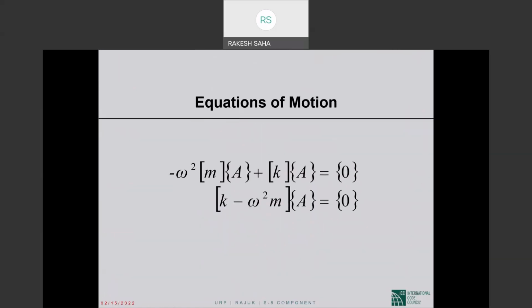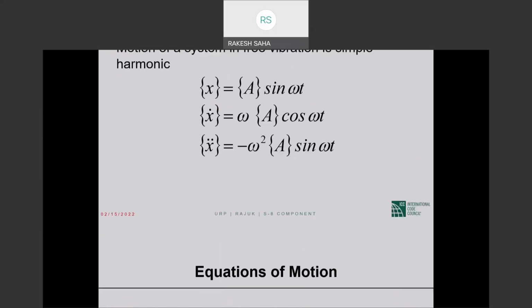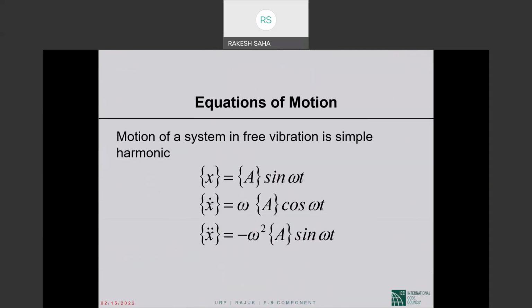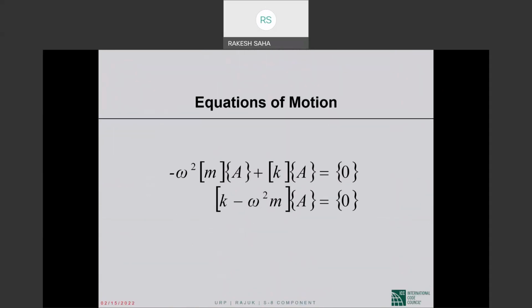So if we input, so this is our equation, m times acceleration vector plus stiffness matrix times the displacement vector is the null vector. If we substitute for the accelerations and the displacements, the displacements are k times a, the accelerations are negative omega squared m times a.